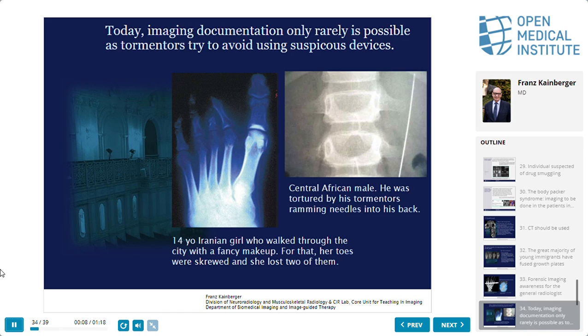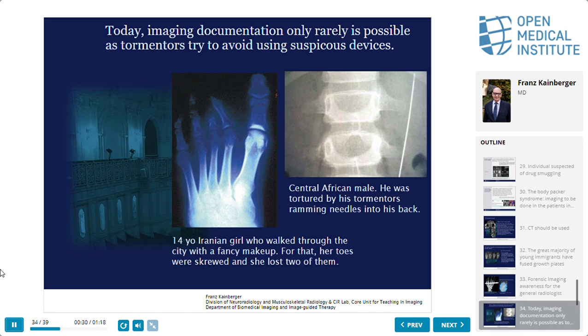But unfortunately, usually the people who are performing the tortures, from the secret services, have learned a lot. They have learned how to be aggressive without leaving any traces in the victim's body.